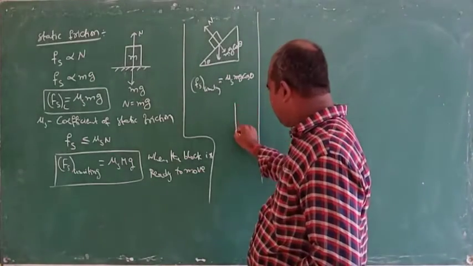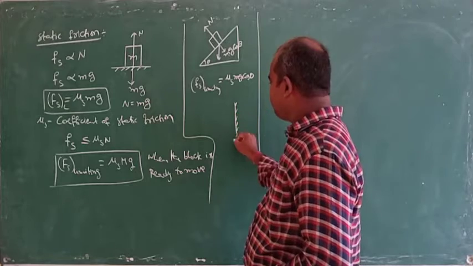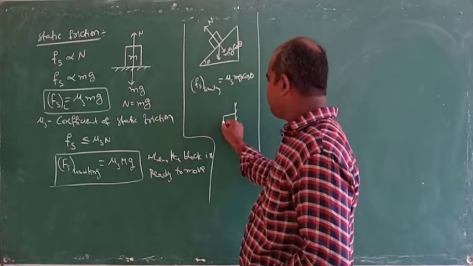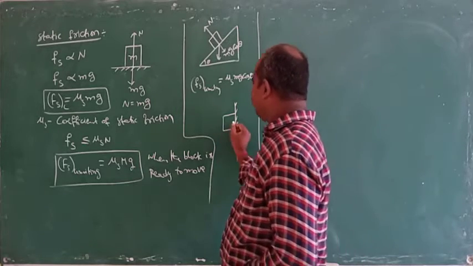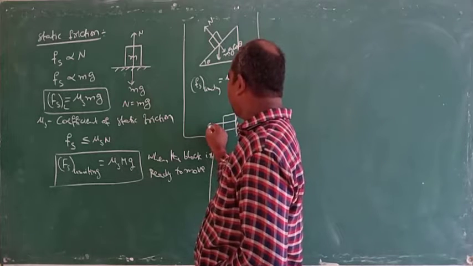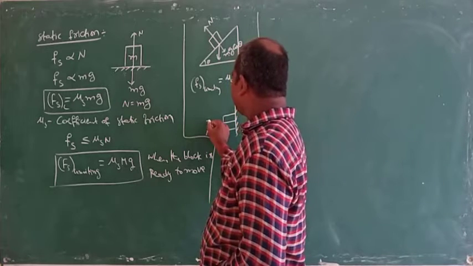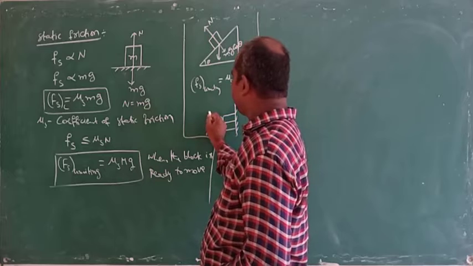Suppose I consider a vertical surface, and the object is placed like this. This is the normal force, and this one is the applied force.